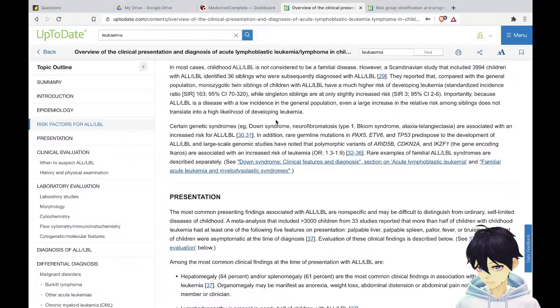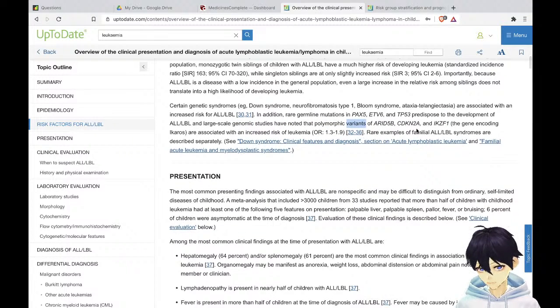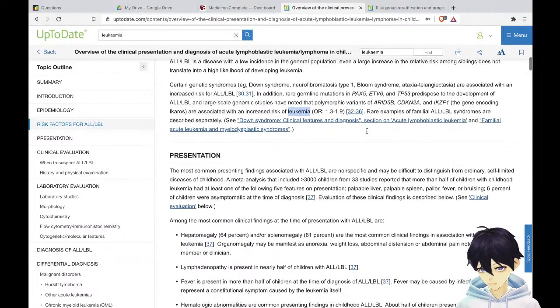Certain genetic syndromes, for example, Down syndrome, neurofibromatosis type 1, Bloom syndrome, ataxia telangiectasia, are associated with an increased risk of ALL, LBL. Rare germline mutations predispose to the development of ALL, LBL, and large-scale genomic studies have noted that polymorphic variants are associated with an increased risk of leukemia.